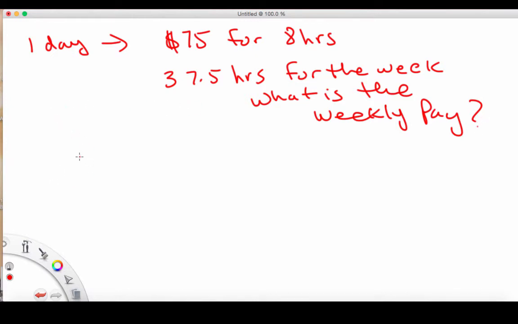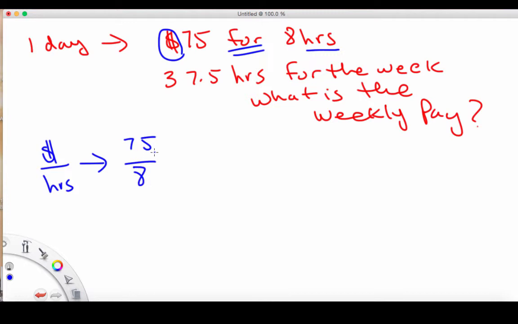So we're going to create a proportion out of this. Let's use a different color. What are my measurements here? In a day it says $75 for, that's the keyword, for every 8 hours. So my measurements are money and hours. So we put money over hours. Anything on the top line, when we create a ratio, should be money, and the bottom should be hours. Here it says $75 over 8 hours, and we create our proportion equals to what?